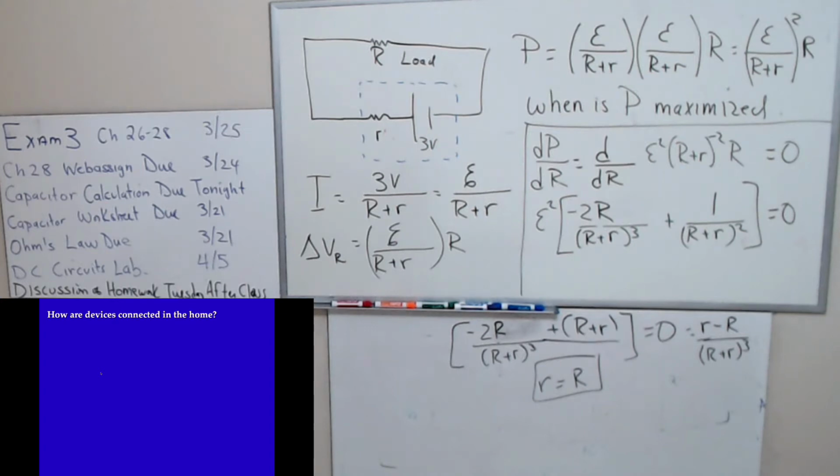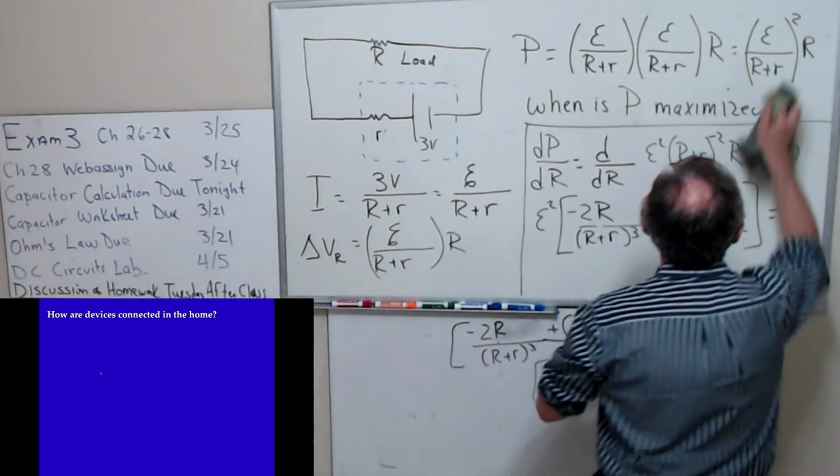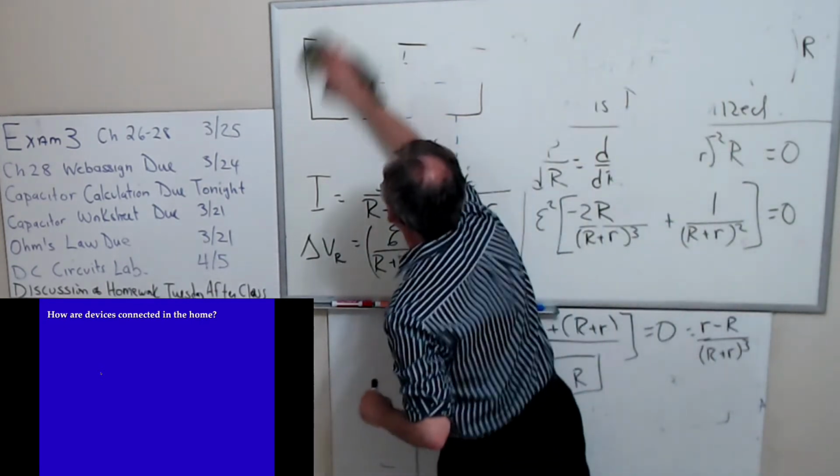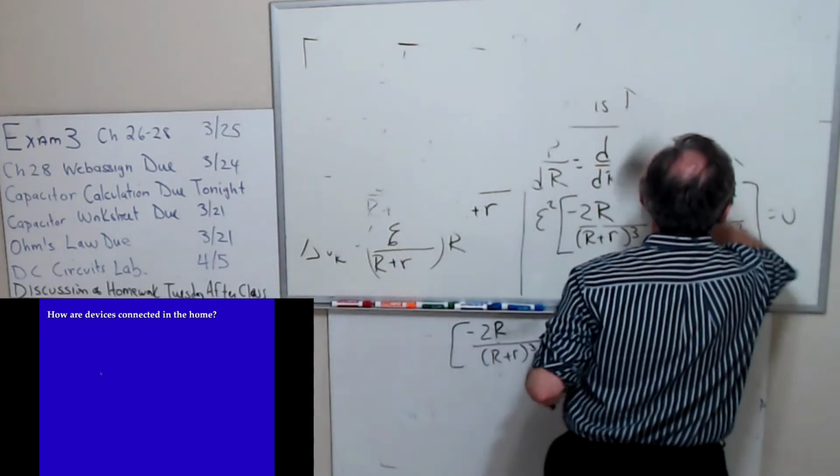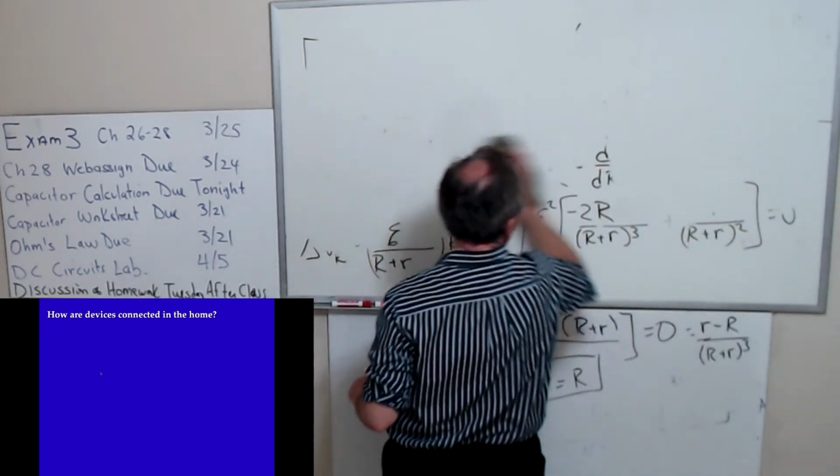So how are devices connected into your house? Series or parallel? Parallel. Yeah, what would it mean if it was series? You wouldn't be able to choose what things were on and what things were off. Yeah, just imagine this. We'll use our imagination.